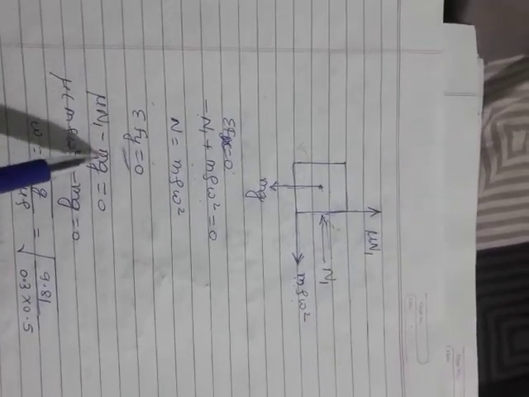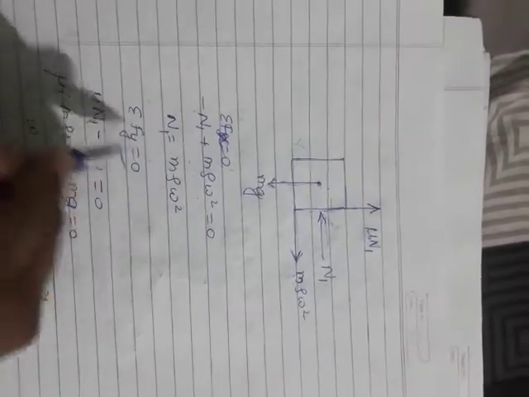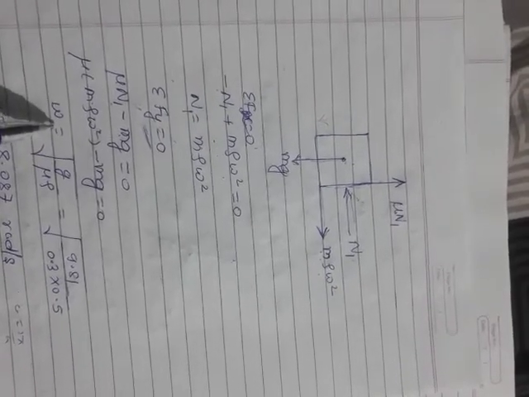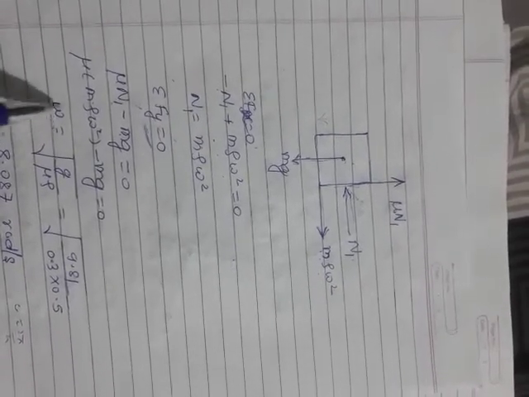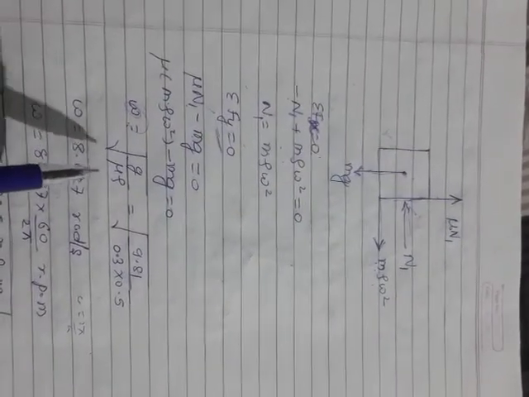Frictional force upward positive, weight downward negative. I am putting the value of n1 here, n1 equal to m r omega square. I have to calculate the number of revolutions per minute. Initially I calculate omega, after that I convert it into revolutions per minute.